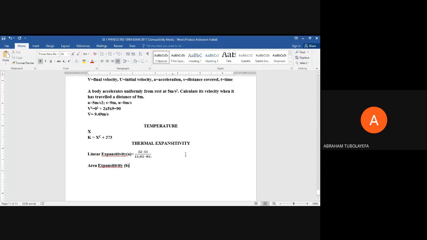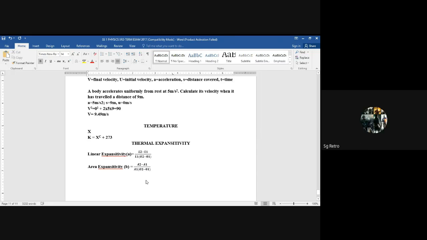The formula for area expansivity is similar to linear expansion, just that it is A2 minus A1 divided by A1 times the change in temperature.